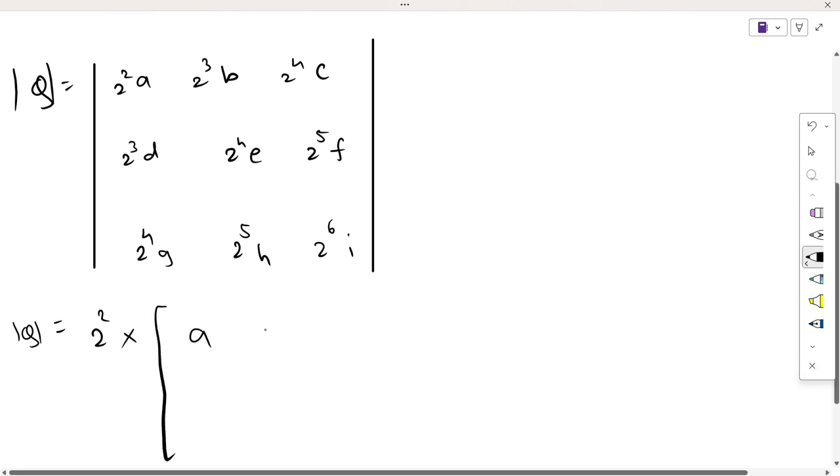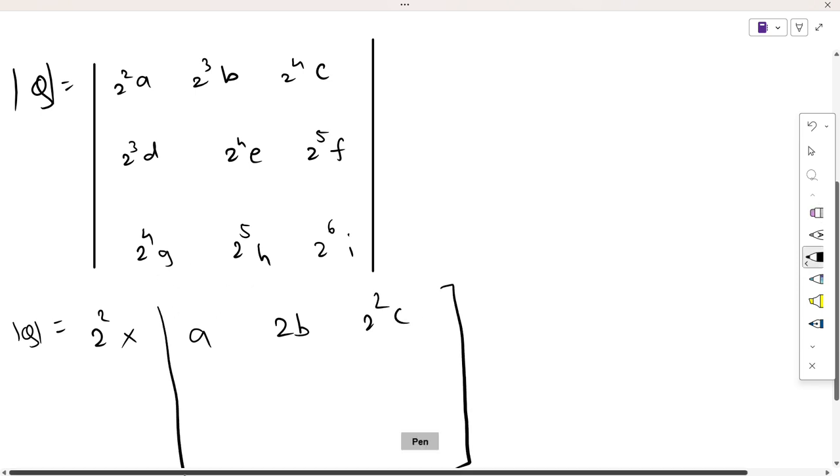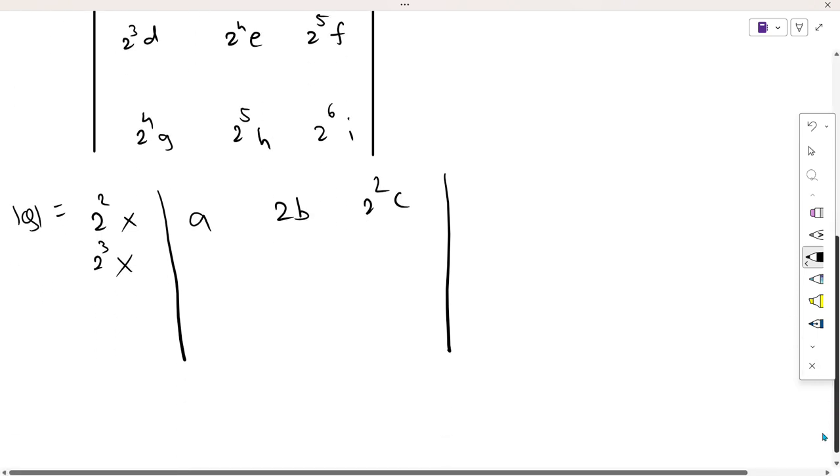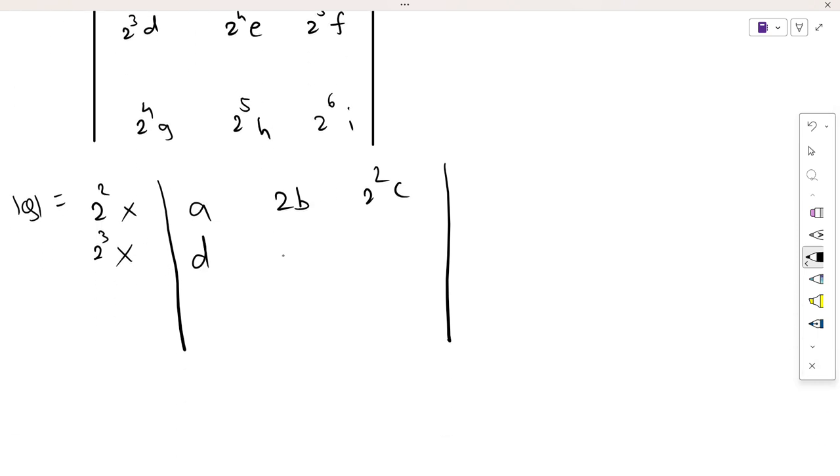So it will be A, 2B, and 2 square C. Similarly, I can take out 2 cube from the second line. So multiplied by 2 cube, this will be D, 2E, and 2 square F. Similarly, I can take out 2 to the power 4 from the last line. Hence it will be G, 2H, and 2 square I.